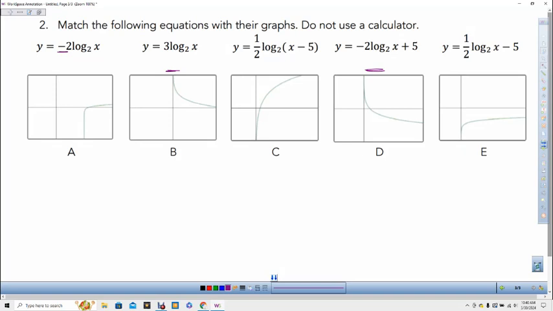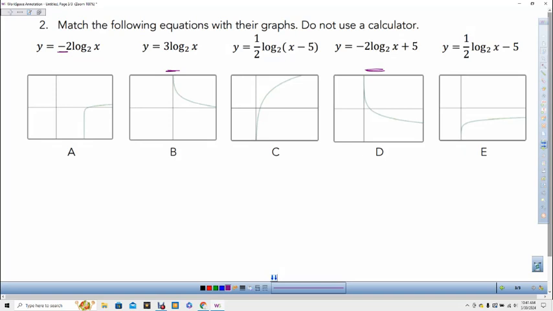This is flipped over. So those are the two that are going to be negative in front. So right there you can limit yourself down, and you've got one over here and one over here. One that has no shift whatsoever, it just has the -2, and one that has a shift up of 2.